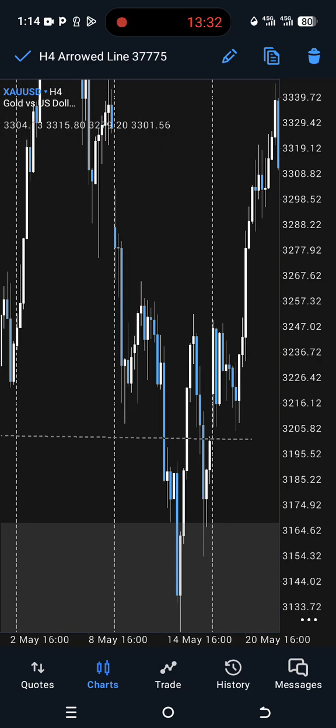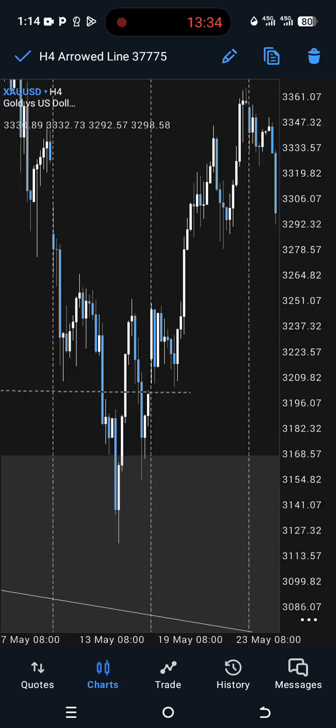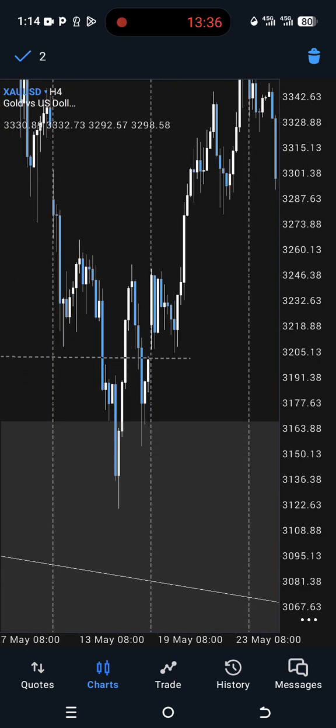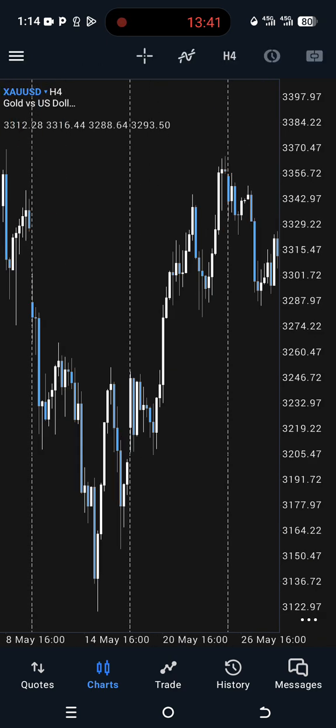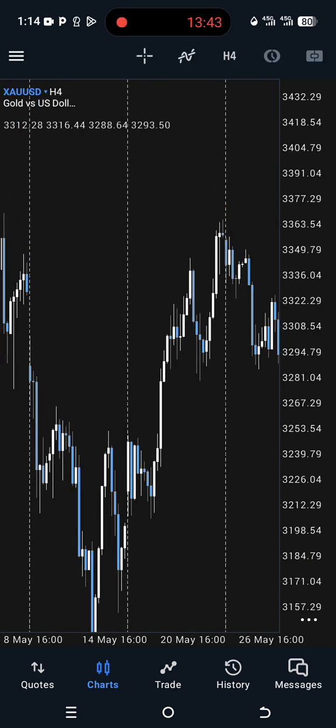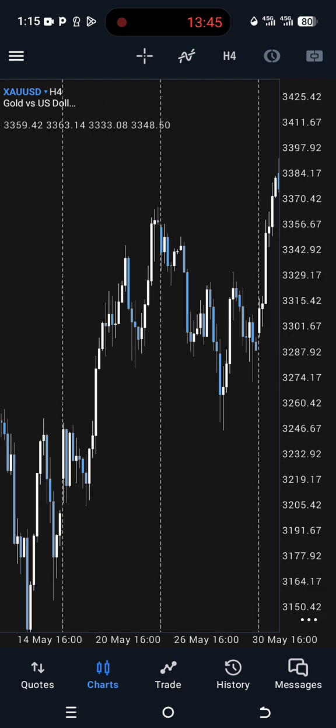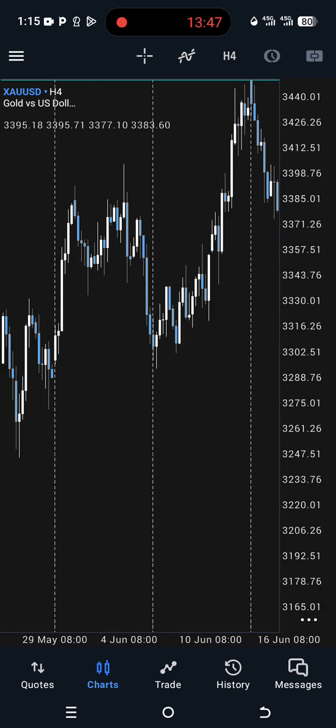So once we create this intermediate term low, you observe that we moved up again, and so on and so on.